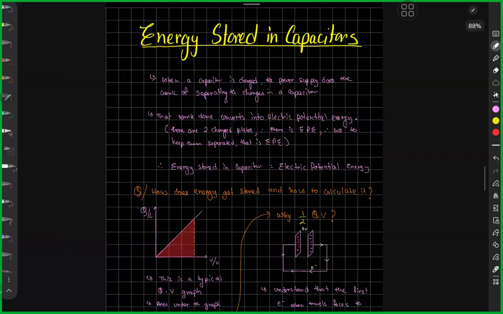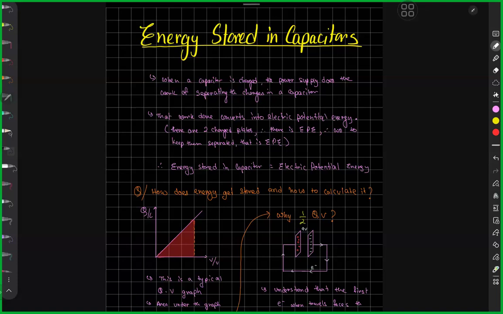No worries. Now, this stored energy bit, which we would end off today's class with, you and I know that energy is stored in a capacitor. Great. We both know that. But how do I find out how much energy is stored?